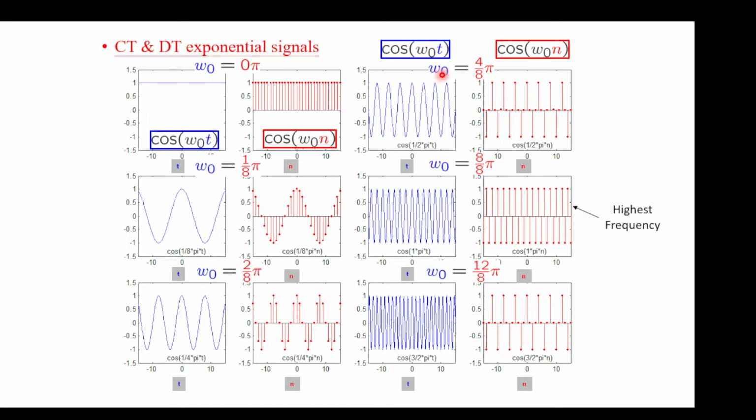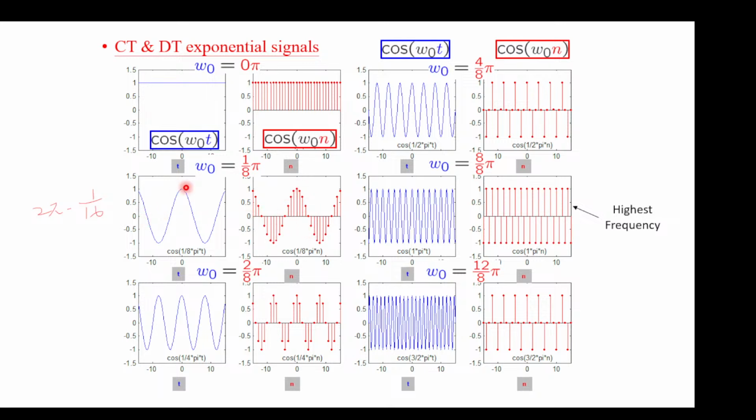I guess we should also calculate the period here. So omega naught here equals pi over 8, so this is 2 pi times 1 over 16. So the period here is 16. So from here to here, you should have 16 points.